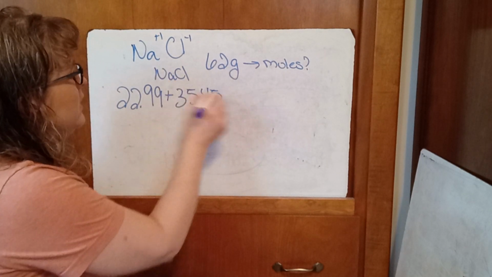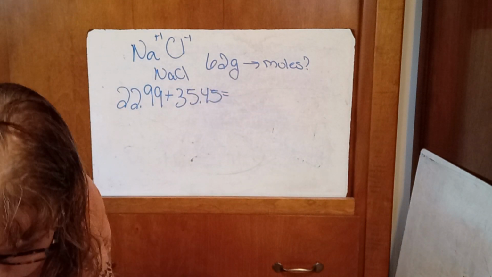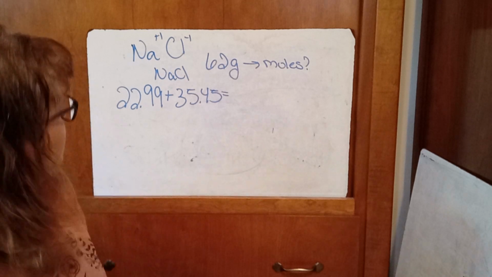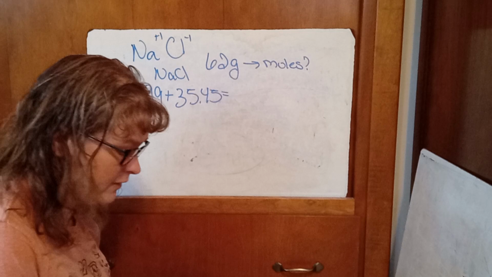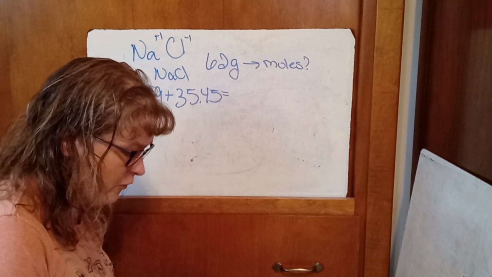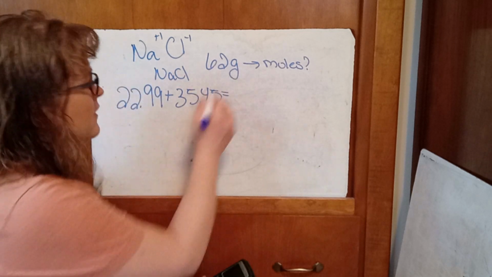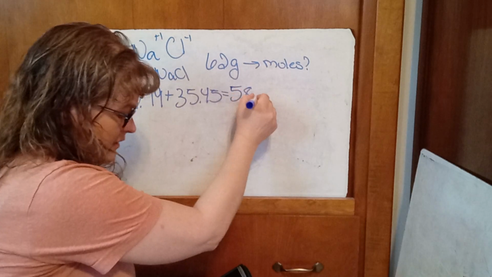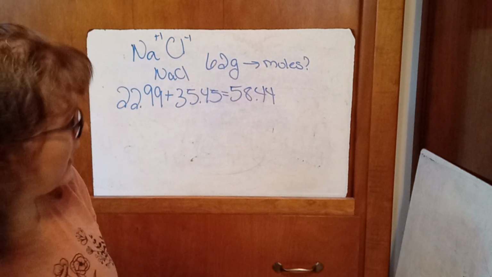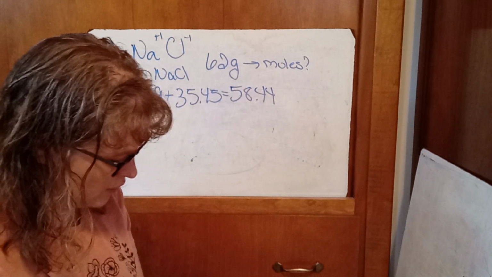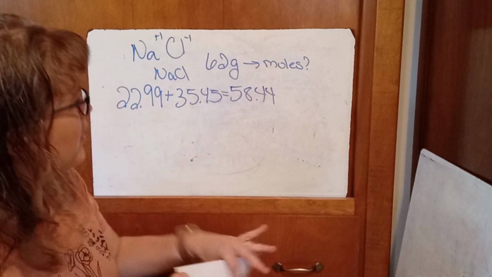There's only one of each. So 22.99 plus 35.45 is 58.44. Okay, so again, grams divided by molar mass.